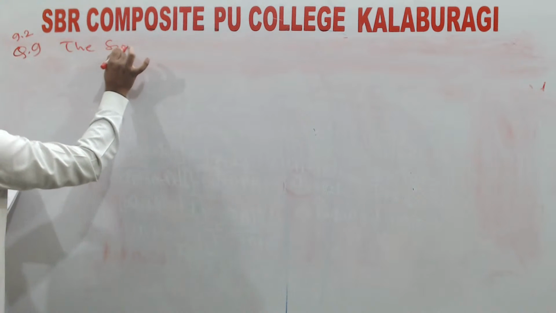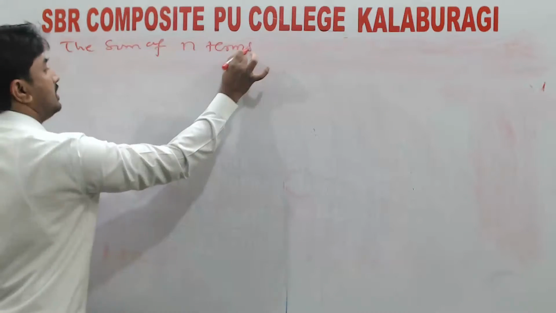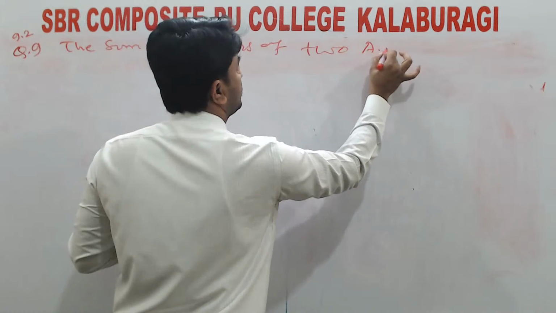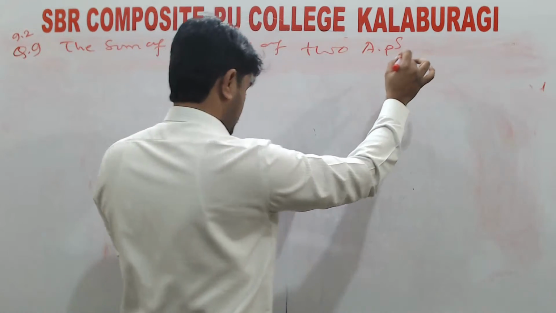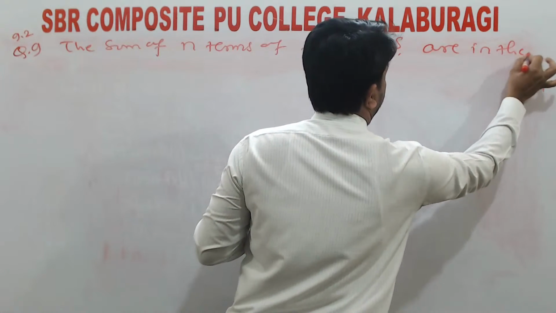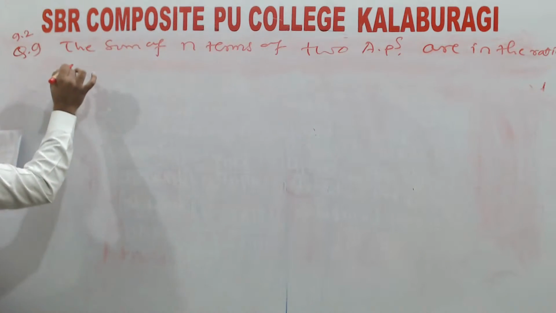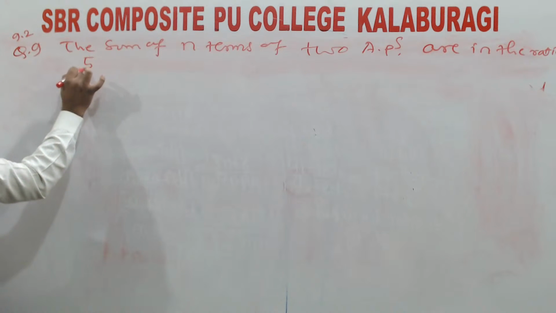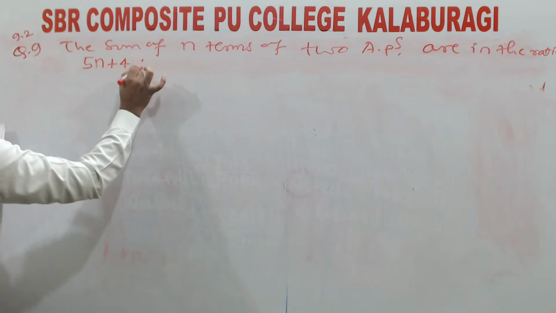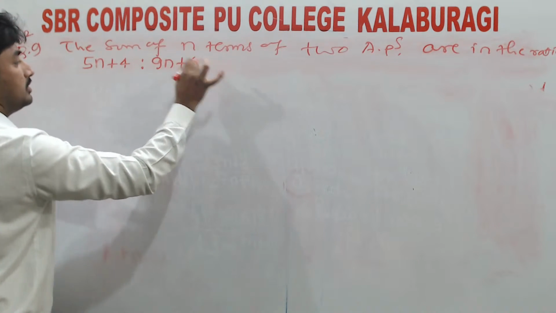The sum of n terms of two arithmetic progressions are in the ratio, here they are given the ratio 5n plus 4 is to 9n plus 6.